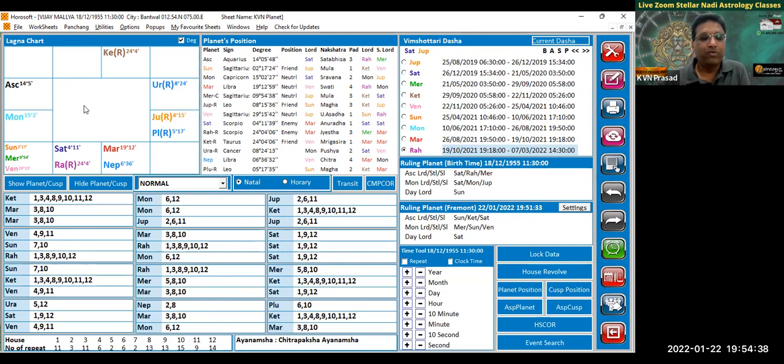No. Who is the lord of the third house? Mars. Does Mars have this combination? Yes. That's it. See, in how many ways it is connected? Then you can say very clearly, we can confirm, we can say, this person is a cheater.